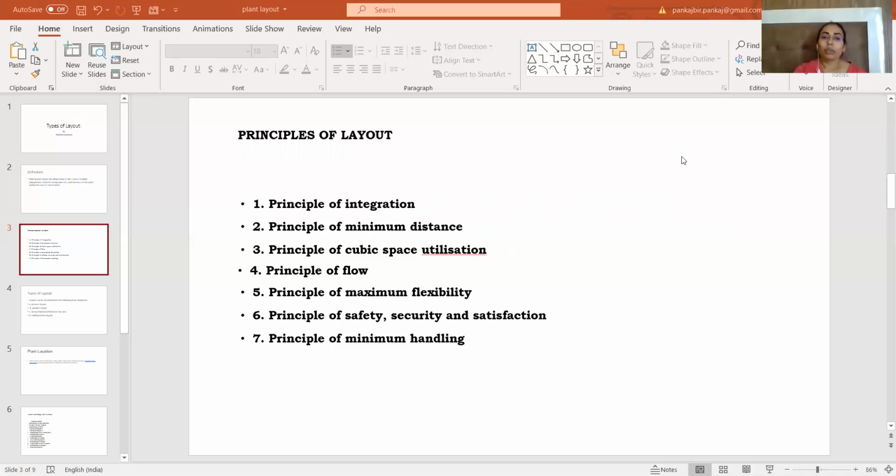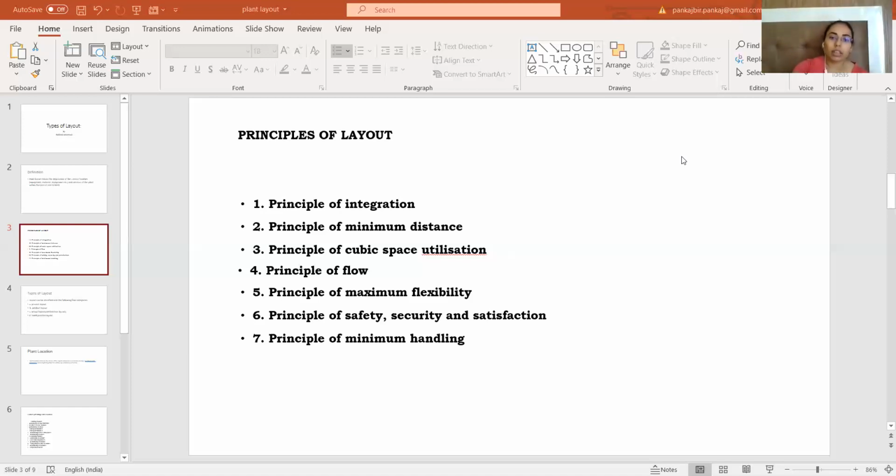A good layout is one that integrates all the resources of the organization in order to get maximum or optimum utilization of resources with maximum efficiency at least cost.